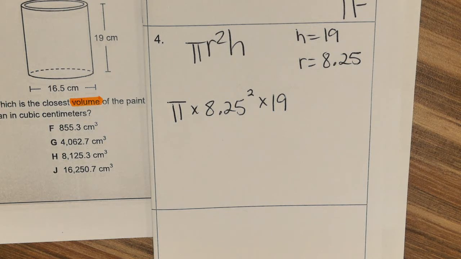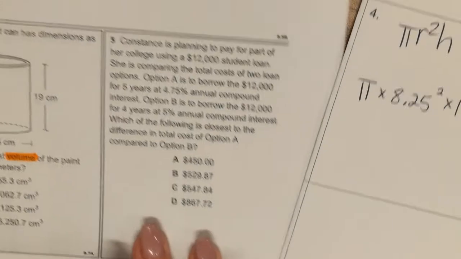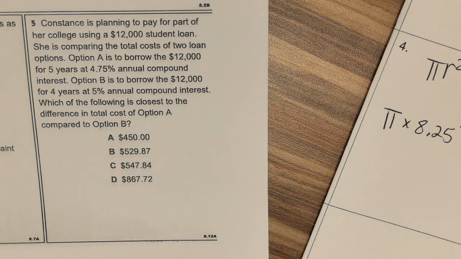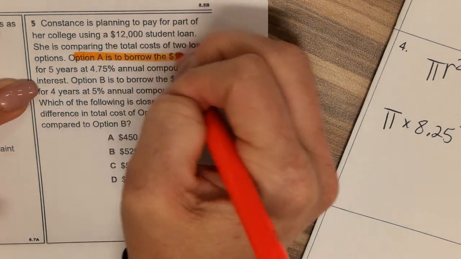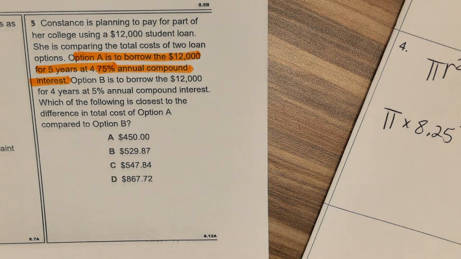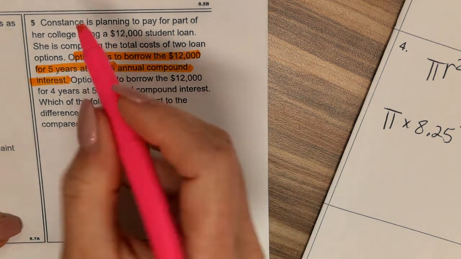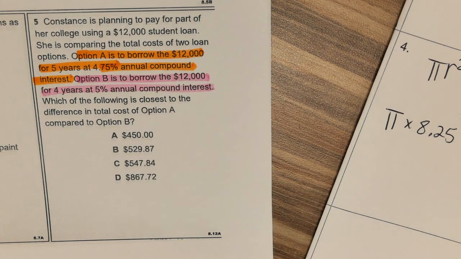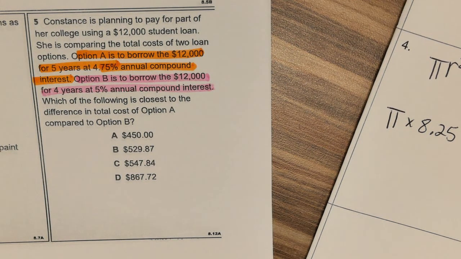All right, are we ready for number 5? Number 5, like I said, was probably the most challenging one. You have a girl named Constance, and she's planning to pay for college. She has 2 options on how to start saving her money. She has option A right here, and then she has option B right here. So anytime you see there's 2 options, that means you're going to have to solve basically 2 problems in one.